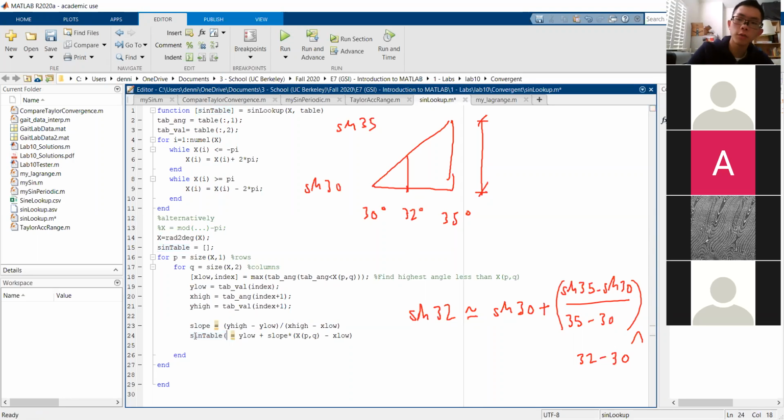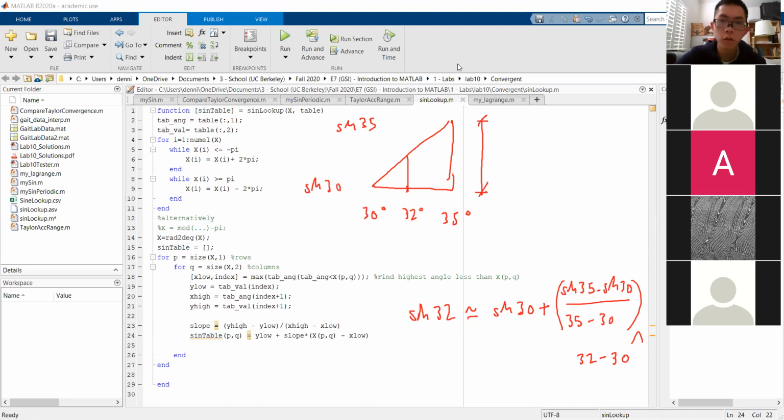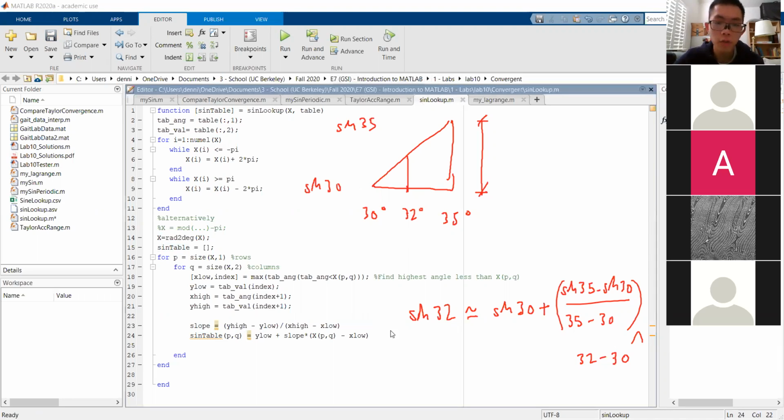I think the cleanest way to do that would be P comma Q. The way we're setting this up is we're basically doing sign of X equals sign table. I know the way they name this is a little weird, because sign table is like sign of X, not sign of table. If this were up to me, I would have named it sign of X, but that's how it is.